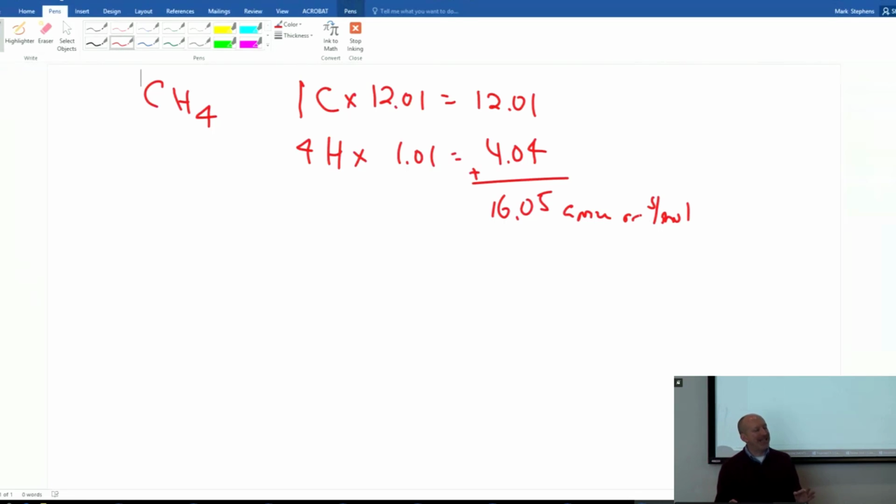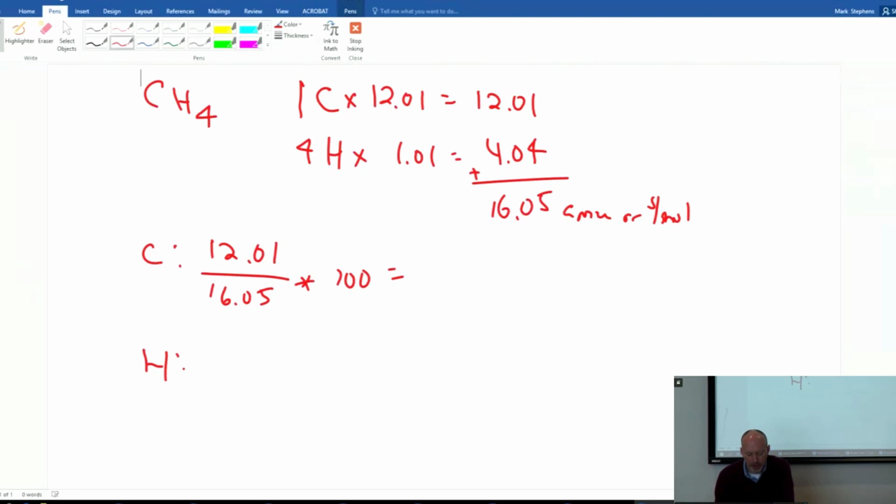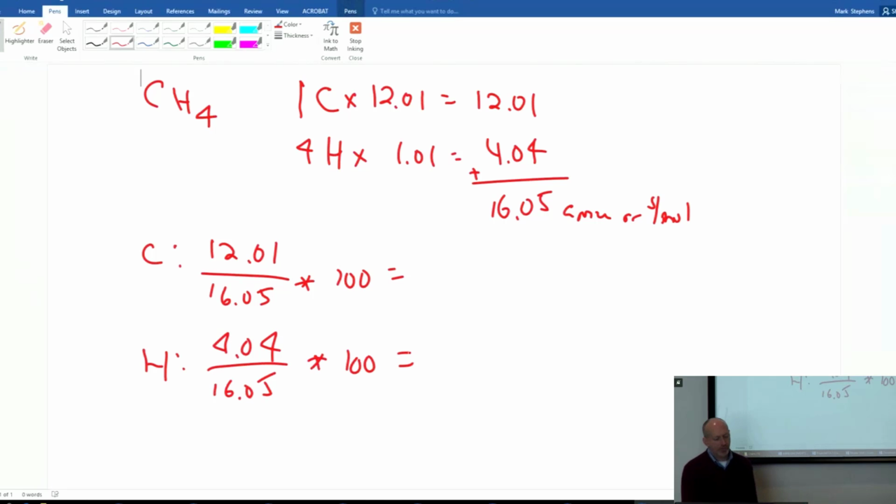Now, to do the percent, it's part over total. And so for carbon, what's the composition? Carbon is 12.01 out of 16.05 times 100 to put it on a percent basis. And the hydrogen, similarly, 4.04 over 16.05. Put that one on a percent basis. All right, let's pick up our calculators and see what we got. 12.01 divided by 16.05 times 100.